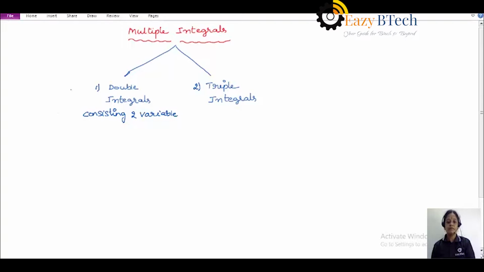Now the double integral means two variables, and triple integrals mean the given integrand consists of three variables. Three variables in general means x, y, z, and two variables in general means x, y. There are some evaluation steps for double integration.